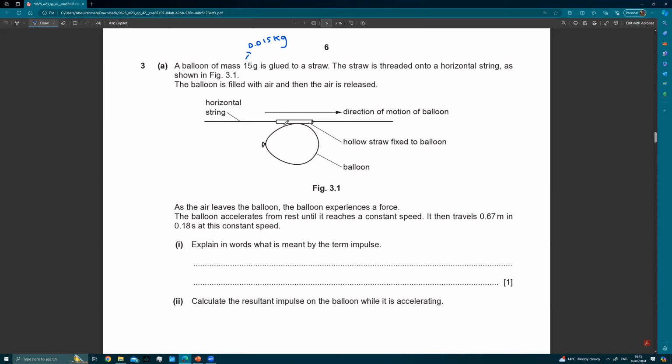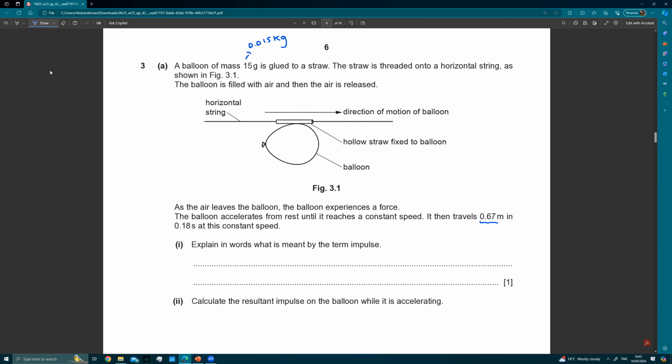So you have a balloon glued to some straw, and you could probably imagine that when the balloon is released and you allow the air to escape, the balloon's going to fly in this direction here. As the air leaves, the balloon experiences a force. The balloon accelerates from rest until it reaches a constant speed. It then travels a distance of 0.67 meters in 0.18 seconds at this constant speed.